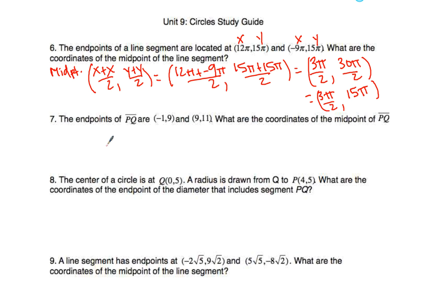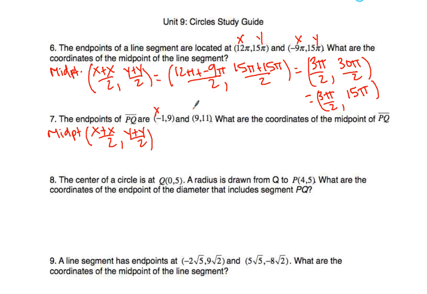Again, you are finding midpoint on number 7 because it says the endpoints of PQ are (negative 1, 9) and (9, 11). What are the coordinates of the midpoint of PQ? If you're finding midpoint, you have to know the midpoint formula: x plus x over 2, y plus y over 2. So you identify your x's and your y's.